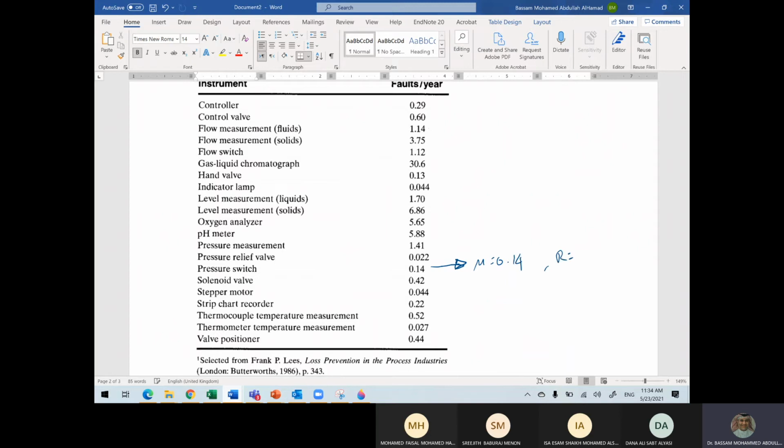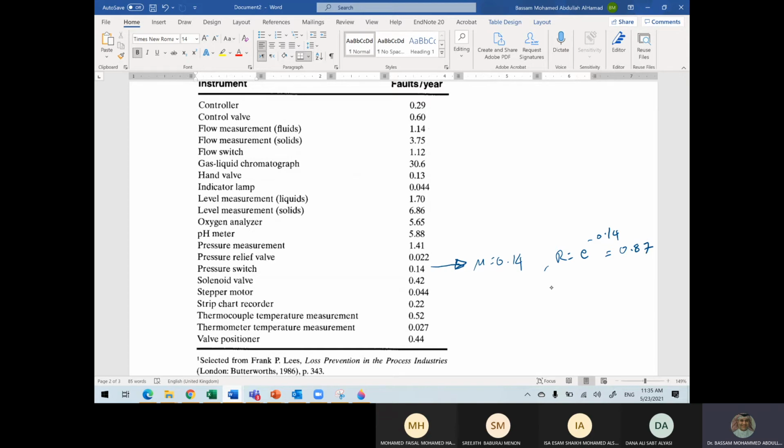The reliability is equal to exponential to the power minus 0.14, which is equal to, just to get my calculator. Okay, so exponential to the power minus 0.14 is 0.869, so it's 0.87.